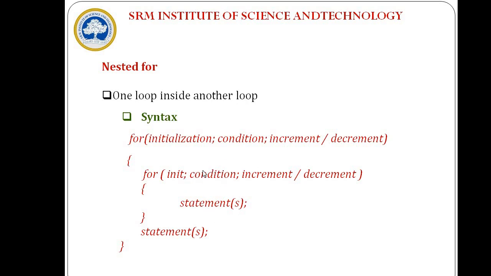If the inner for loop condition fails, it will update the outer loop control variable, and then again check the condition. This process will keep on iterating until the outer for loop condition fails. Once the outer for loop condition fails, it exits the for loop.